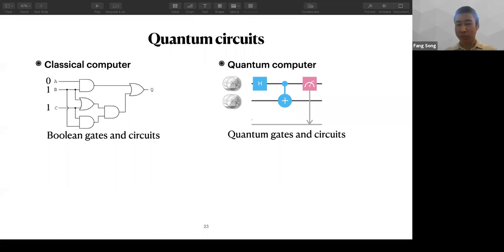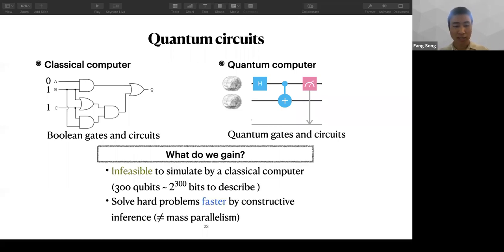But what does it buy us? Well, for starters, it seems infeasible to simulate a quantum circuit by a classical one, because even just to describe an n-qubit quantum state would need 2 to the n classical bits. And indeed, we have examples, such as factoring, where a quantum computer can solve much faster.